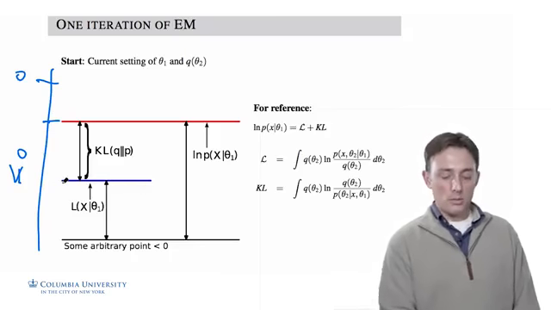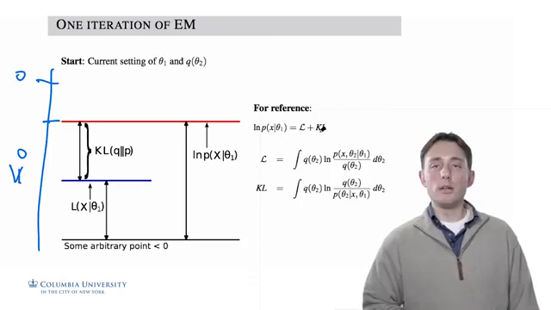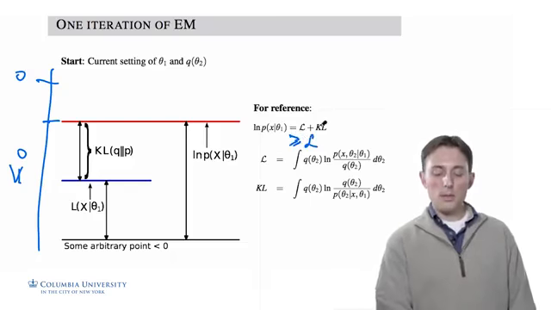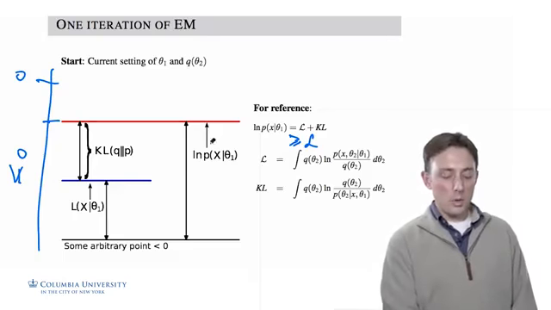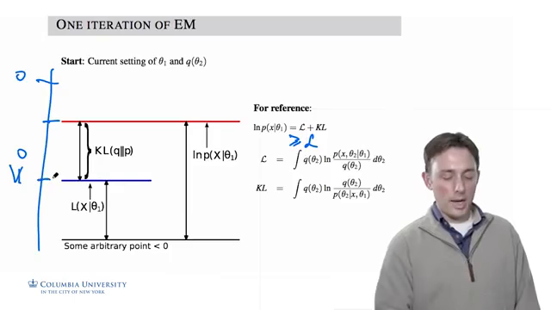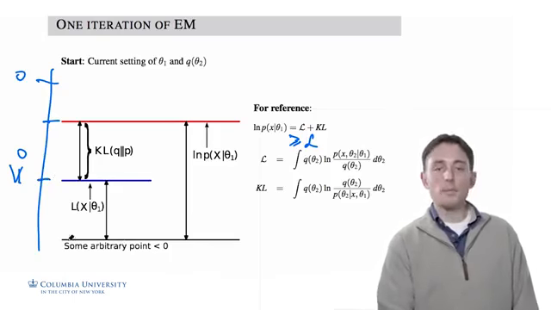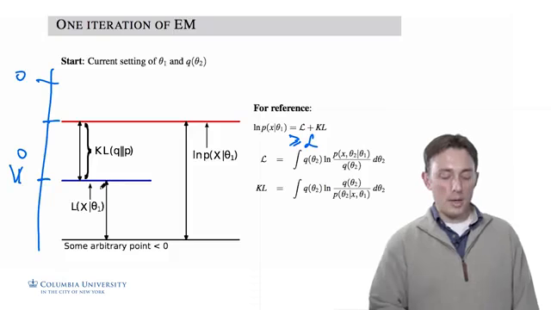And so because KL is greater than or equal to 0, this term L has to be less than or equal to the log of p of x given theta 1, simply because this term has to be positive. So if we wanted to use the same visualization, we could put a line here for what L is equal to. And if it helps to view it from going up from some floor, you could also view it going up that way.